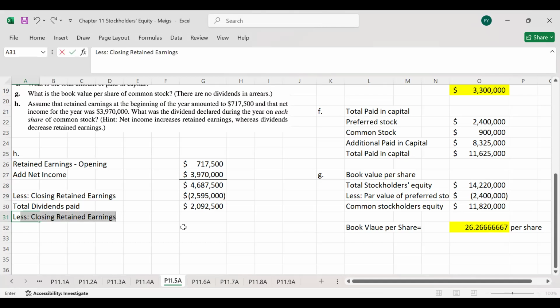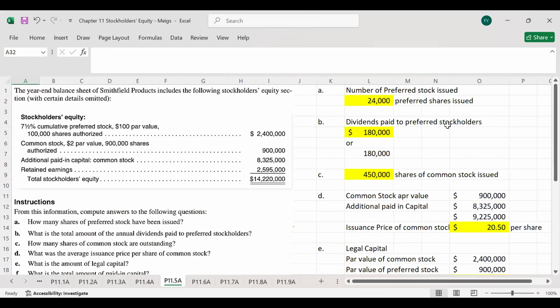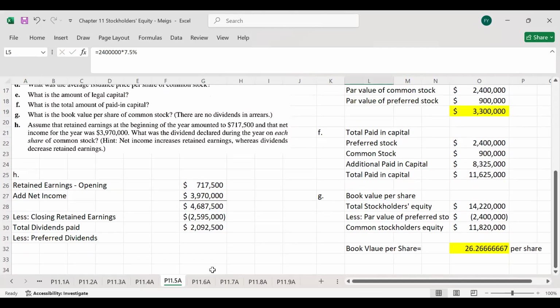Now, this amount is basically the combination of two types of dividends, common dividend and preferred dividend. So we will deduct the preferred dividends. We have already calculated the preferred dividend in part B. $180,000 is the dividends paid to the preferred stockholders. So we will deduct $180,000 from here.